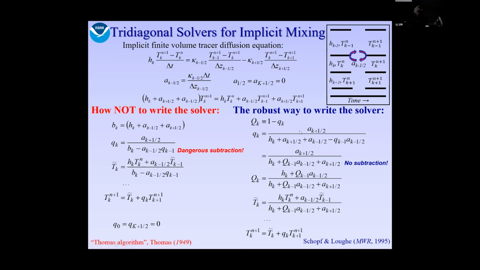And this 1 minus q that I get is something that I can calculate separately. The takeaway here is that I am able to calculate this entire tridiagonal system, the solution, without ever subtracting anything from anything else. I use division, I use addition, and I use the original mathematical expressions. And so this form on the right is something that is incredibly robust.